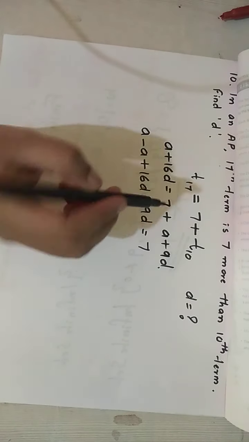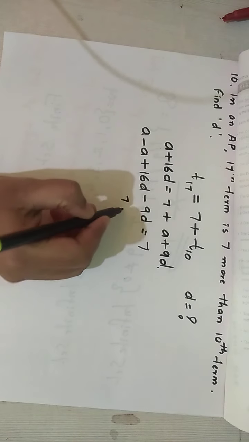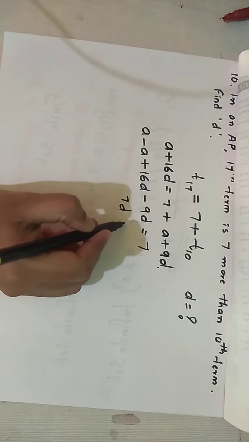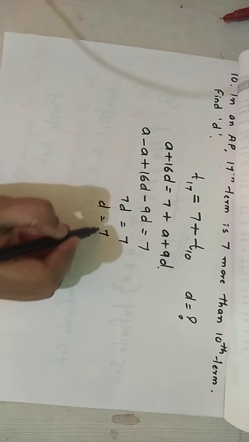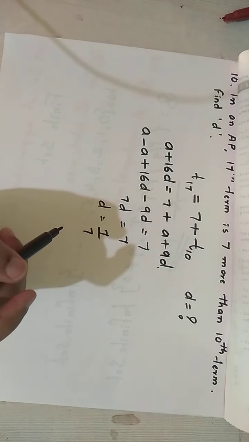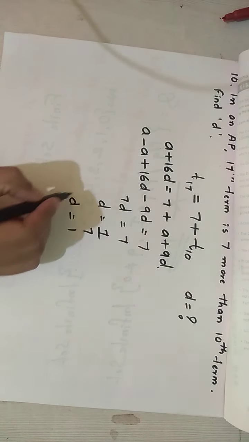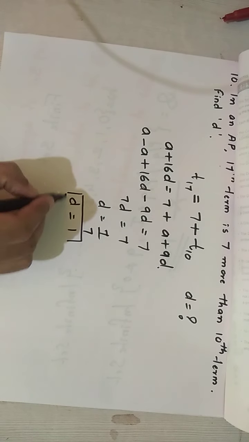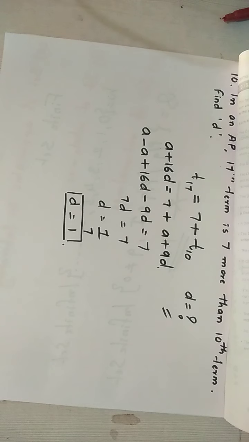Only 7. a minus a, 0. 16 minus 9 will be 7d equal to 7. So d will be 7 upon 7. d will be 1. So the answer of common difference is 1. This is what we are told to find.